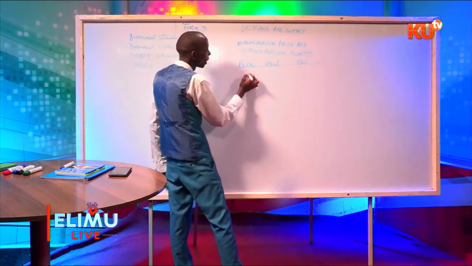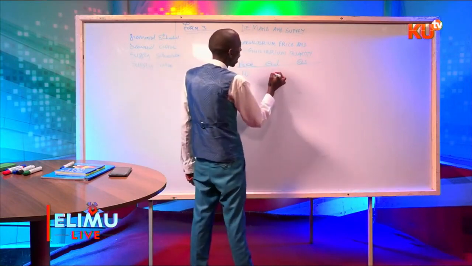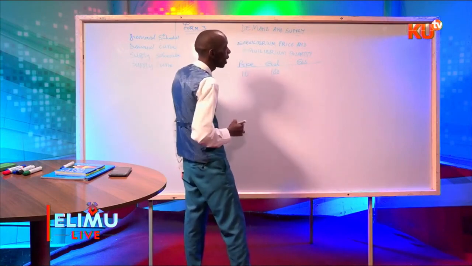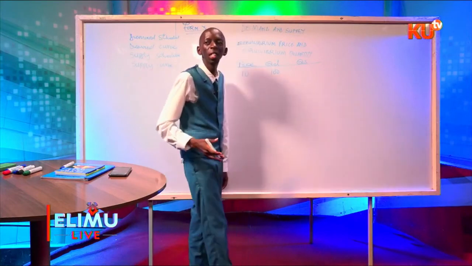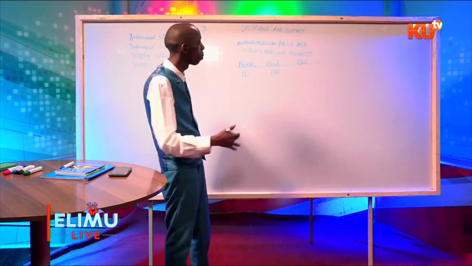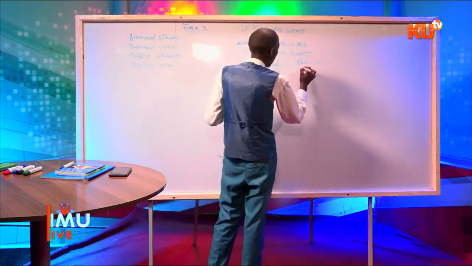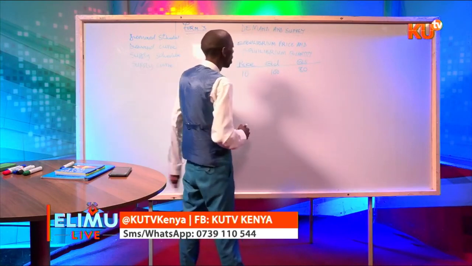At price 10, the quantity demanded in our example is 100. At price 10, the quantity supplied in the market, or the quantity of goods and services that the sellers are willing to bring to the market, is 80.